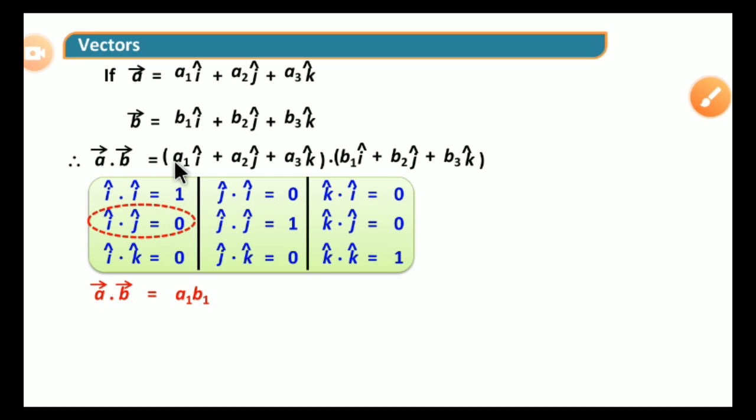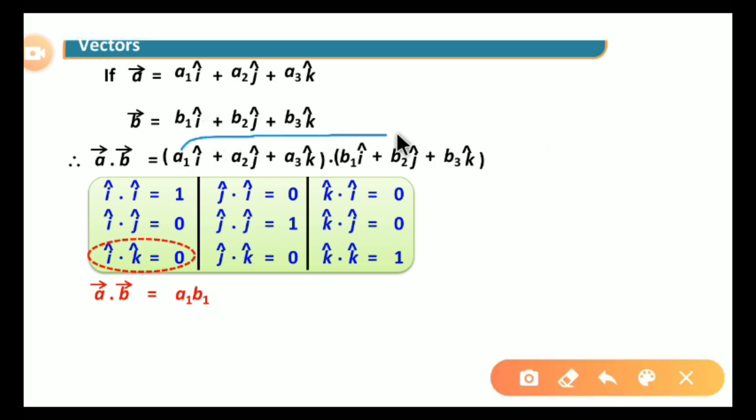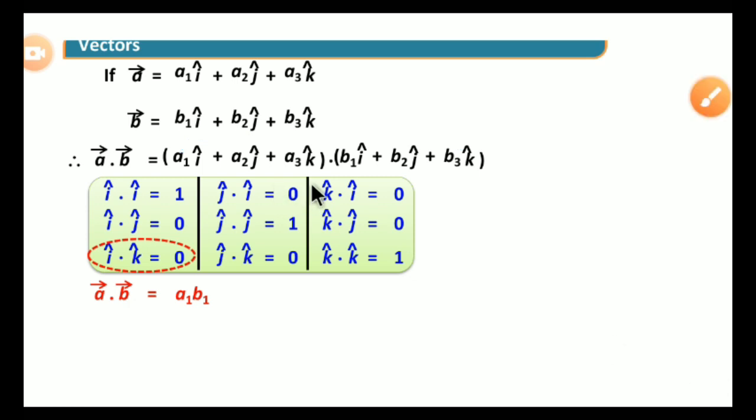Similarly, see here students, I multiply a1 into b2 plus i dot j. i dot j becomes 0, so we do not take that term. For the next term, a1 with b3, but i dot k is 0, so we also don't take that term because it is already 0.